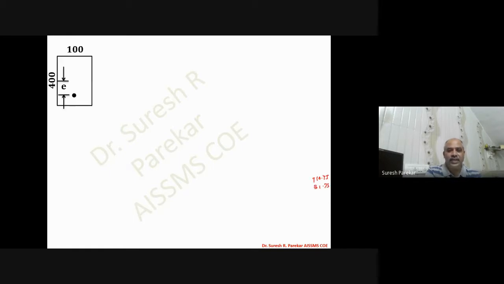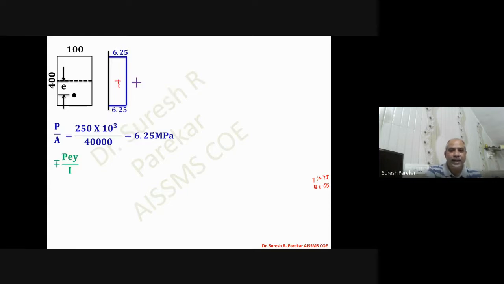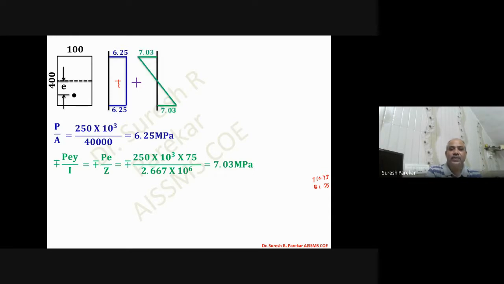Now we will go for the stress calculation method. We have P by A, which we already calculated. Again we have plus, that is compression throughout. Then we have PE by Z. Here we do not have E dash, only PE, and therefore at the top we have tension, and at the bottom compression, 7.03. So here we have minus at the top and plus at the bottom.